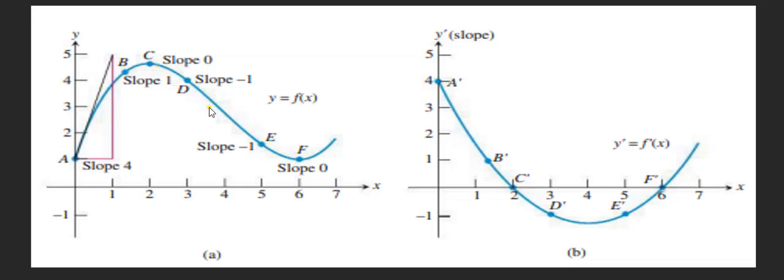That means the slope is negative. That's why from 2 to 6, y prime was below the x-axis. And from 6 to 7, the function is increasing. Therefore, from 6 to 7, y prime is above the x-axis.